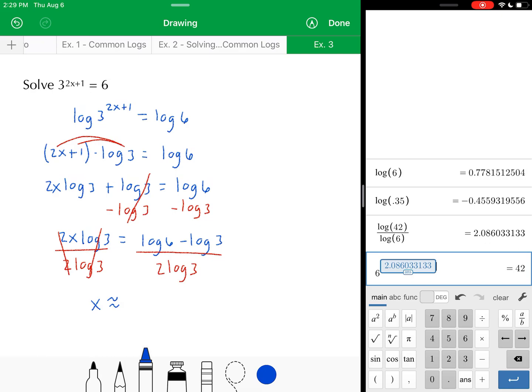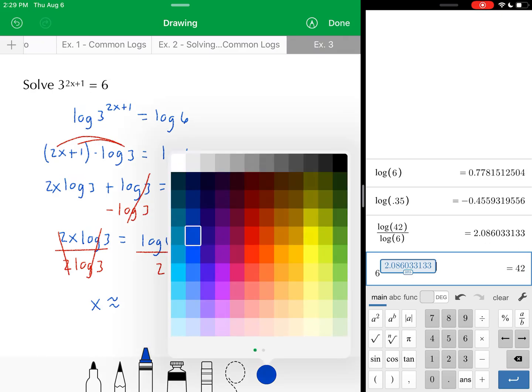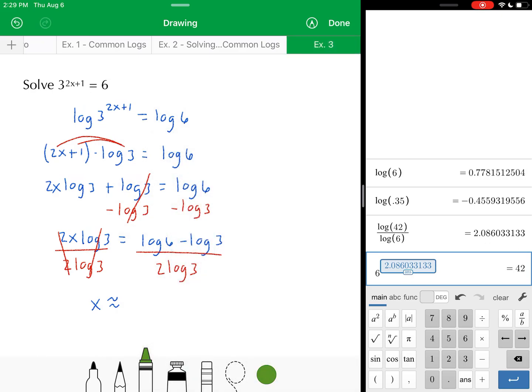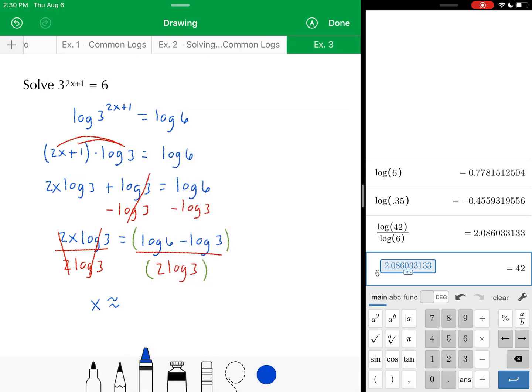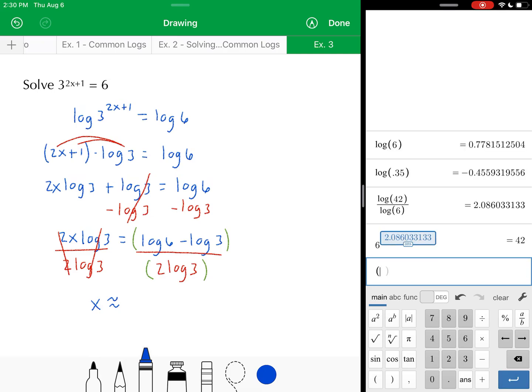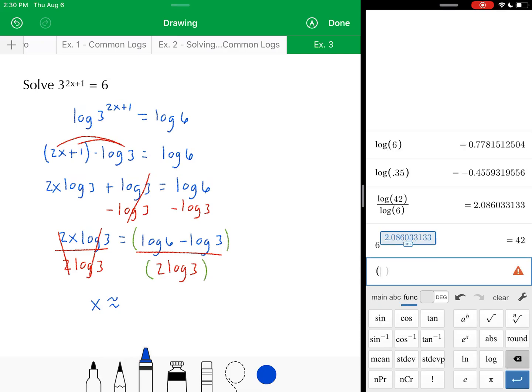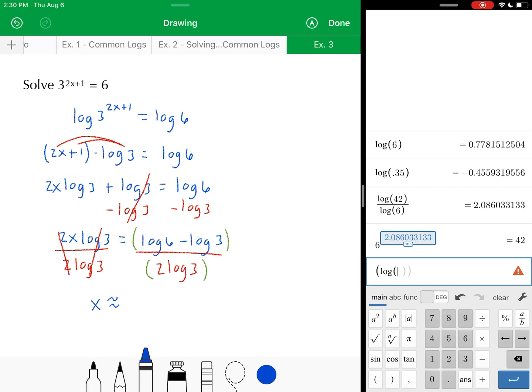You have to be very careful when you type this in, however. Make sure if you're going to put it in all at once, please put parentheses around the numerator and around the denominator to make sure that order of operations is being followed. So we'll start with a parenthesis, log of 6.